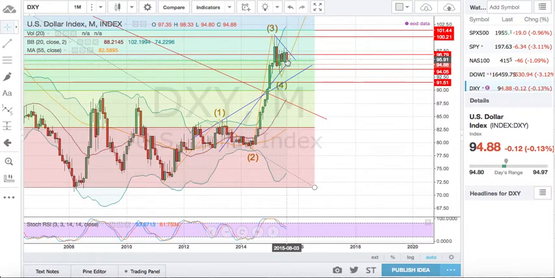But what happened is, I believe that a lot of the flows of dollar money that flowed into the U.S. was due to speculative entries, ahead of basically carry trades, ahead of the FOMC rate hike possibility.